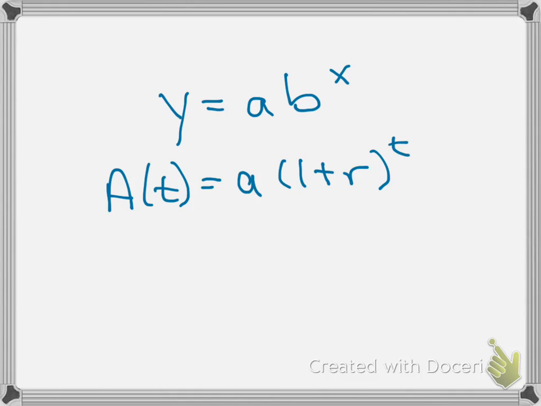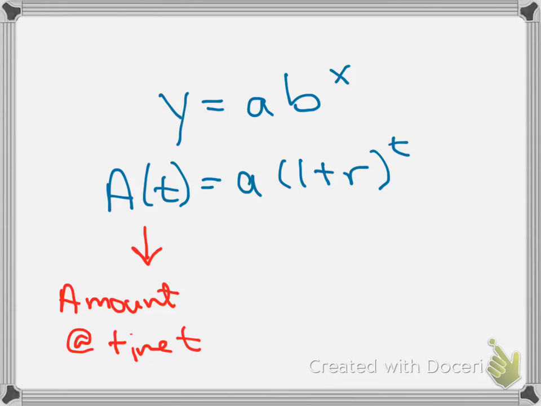So the second equation is solved for A of t. And this just means the amount of material or money or whatever at time t. So maybe you want to be able to model, for instance, how much money is in a bank account after a certain amount of time has passed.